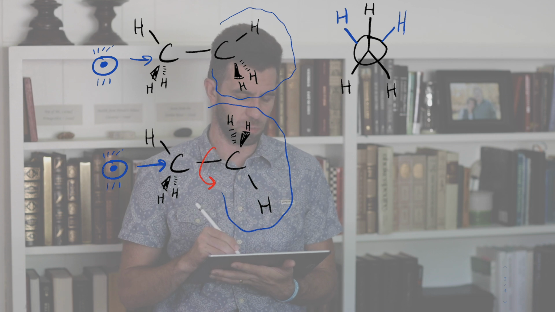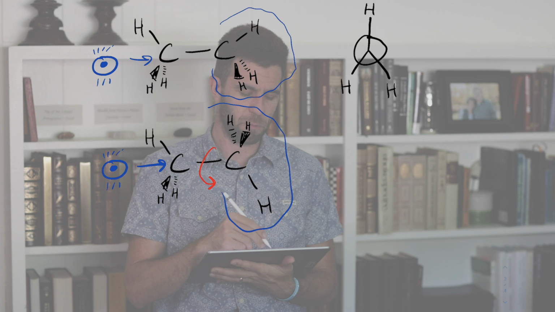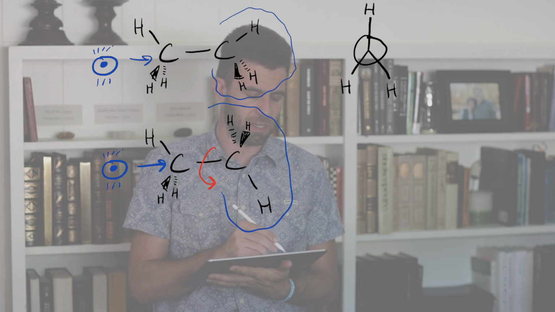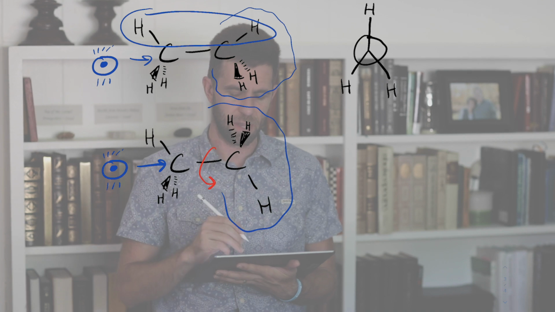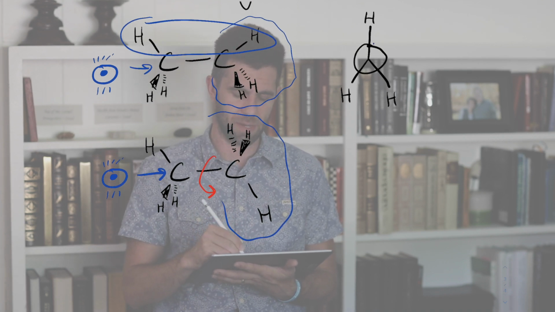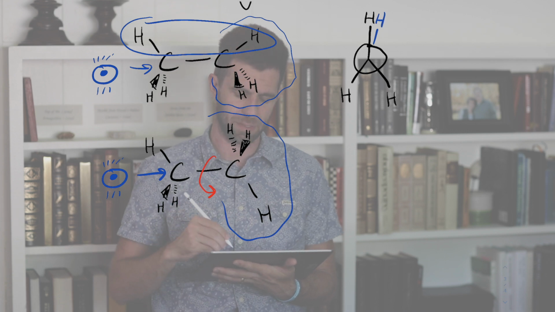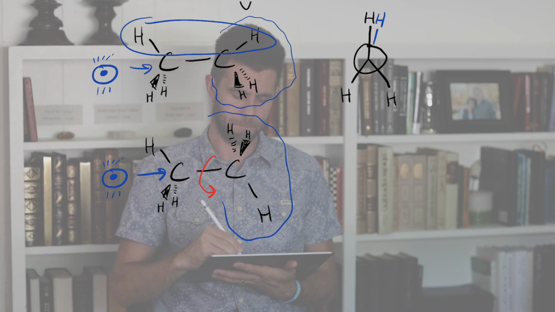So if we looked at this one, sorry, not exactly correct here. If we looked at this one, you notice that these two hydrogens right here are on the same plane. They're in line with each other. They're what we call eclipsed hydrogens. So I'm going to draw this hydrogen right here like this to show that it's eclipsed. Where would all of these other hydrogens be if we look down at that angle?